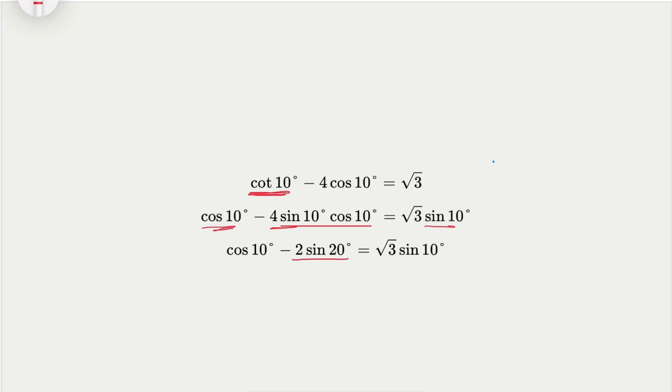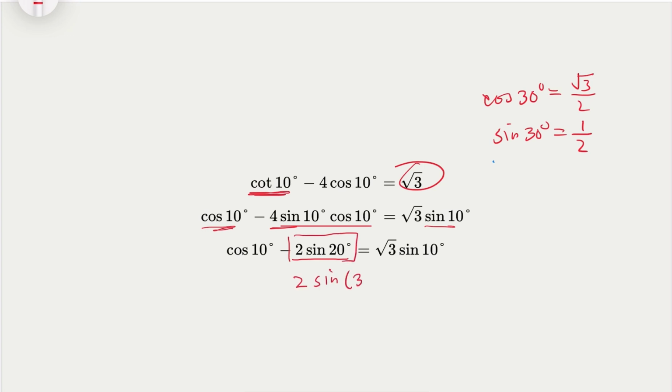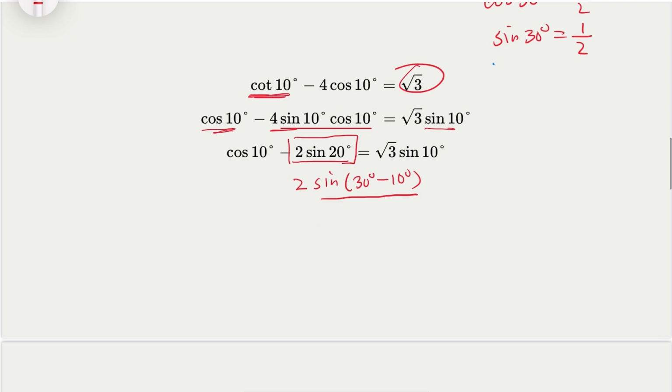Now the trick here is that whenever you see square root of 3, that is probably related to cosine 30 degrees, right? So we know that cosine 30 degrees equals square root of 3 over 2, and sine 30 degrees equals 1/2. So the trick here is to treat this as sine of 30 degrees minus 10 degrees and apply the trig identity formula. All right, let's do that.